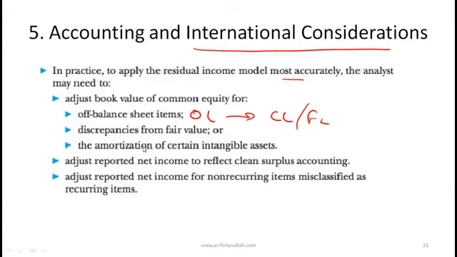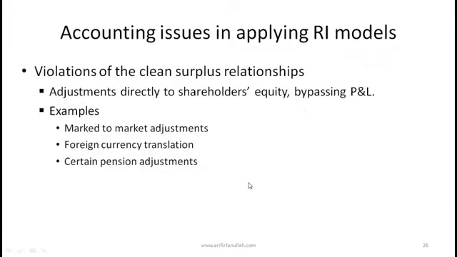You should use adjustments. You might also have to make adjustments for amortization of intangible assets, adjust net income for clean surplus accounting, and adjust reported net income for non-recurring items. All the sorts of adjustments that we've talked about in FRA, you need to worry about those.